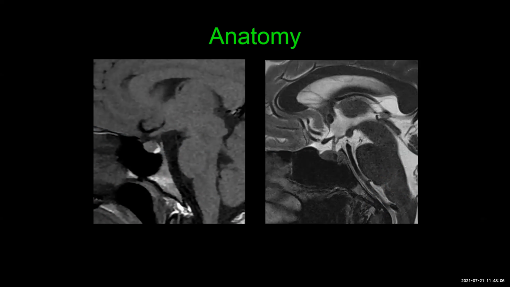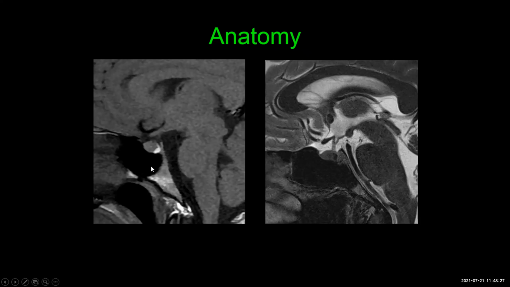So MRI gives us very beautiful anatomy. These are two sagittal images. So if I sliced half your face off, going through your nose and backwards and looking at you from the side, this is what it would look like on an MRI at the level of the pituitary gland.